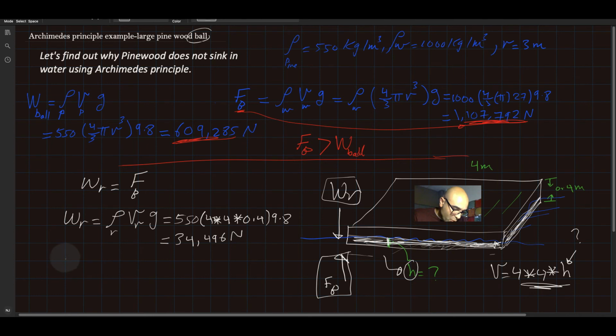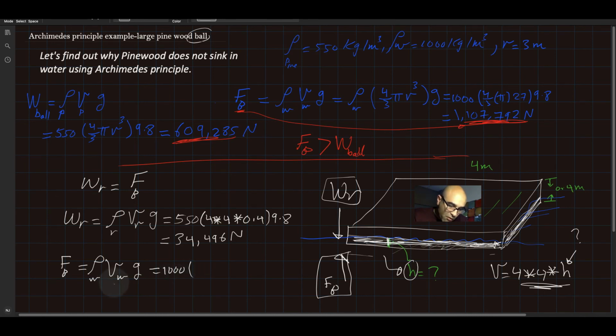Now let's find the buoyant force. The buoyant force acting on the raft is done by the water, and the water is being displaced. So that's the density of water times the volume of water displaced times g. The density of water is 1,000.